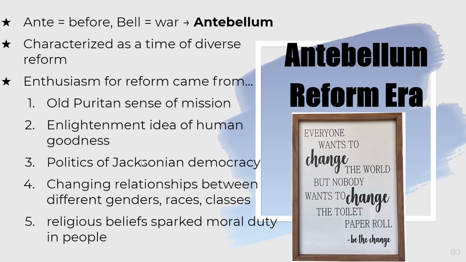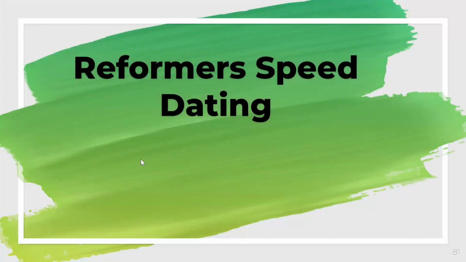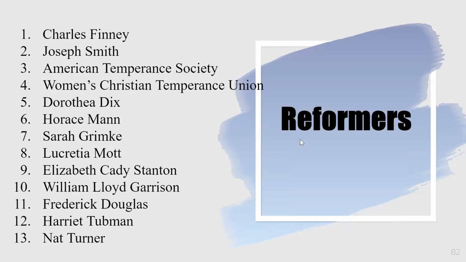And the Second Great Awakening will spark this moral obligation in people to try to save their souls by helping others. So in class, we're going to do a reformer speed dating activity where you're all assigned a person to be for the day, just to help everyone fill out their person cards about the different types of reformers, their goals, and motivations.